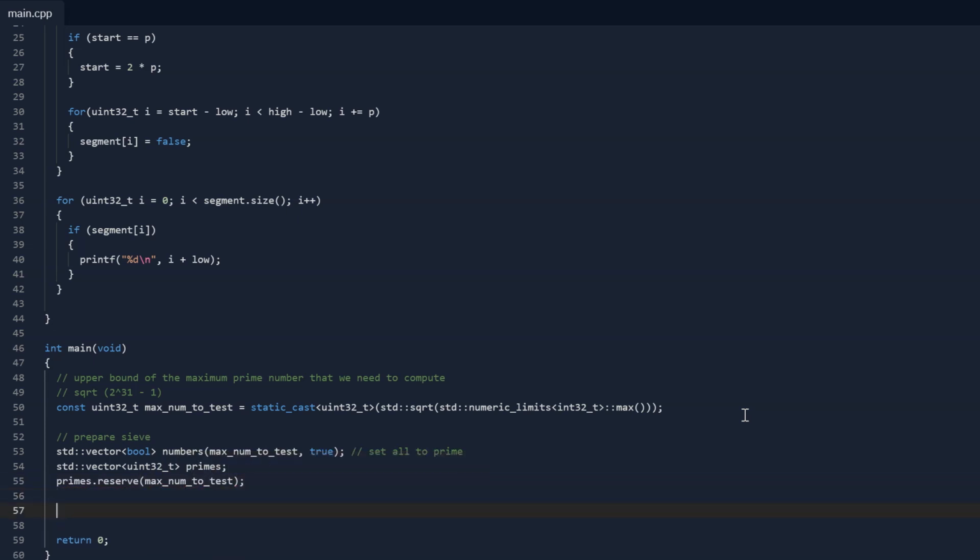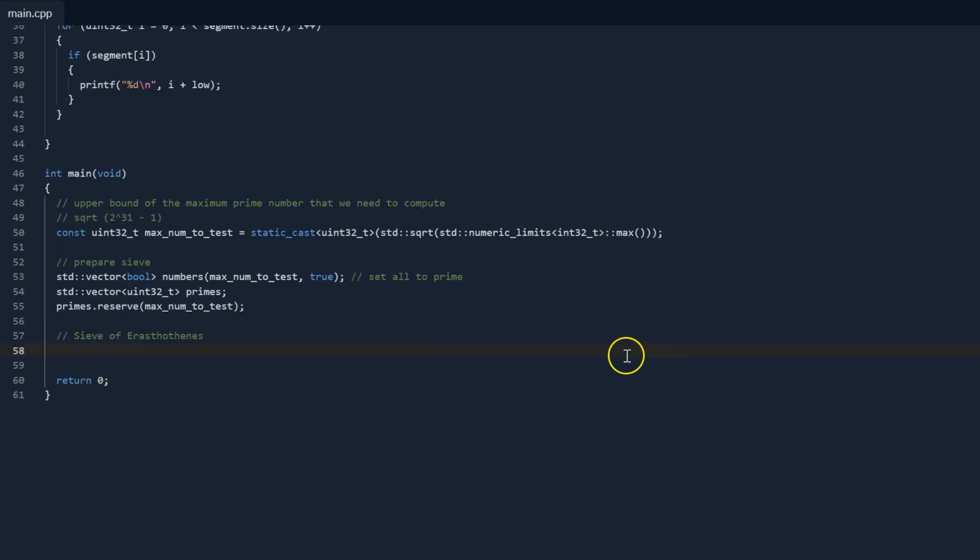All right. So now we employ the original Sieve of Eratosthenes algorithm. Start from 2, since 2 is the smallest prime that we need.